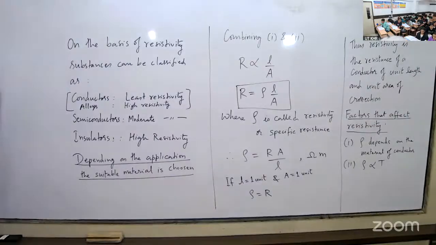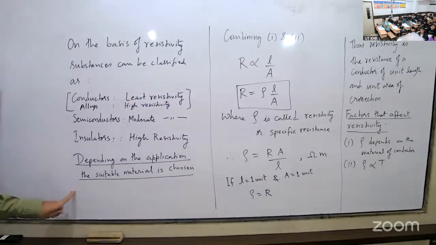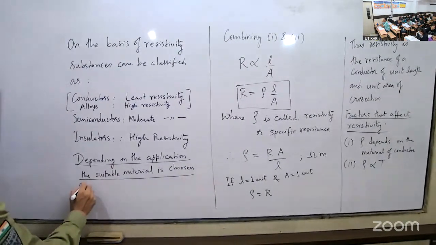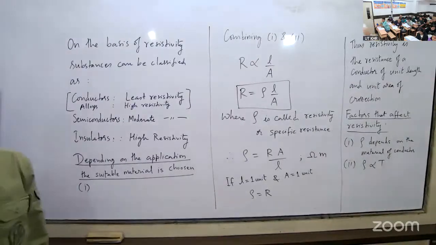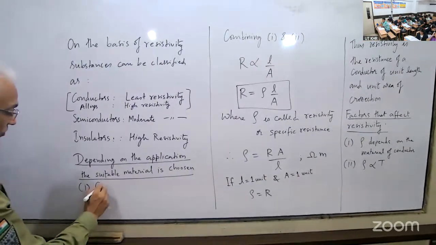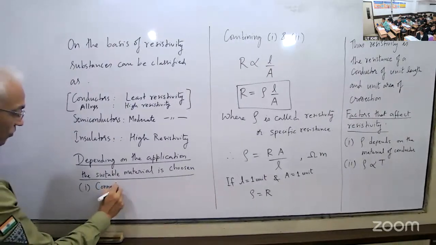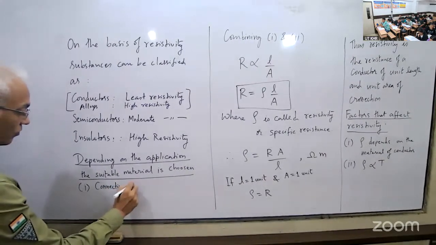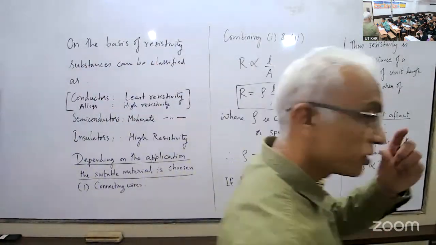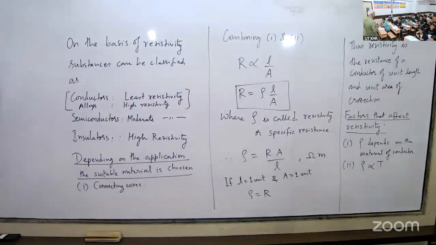So depending on the application, the suitable material is chosen. For example, if I want to use connecting wires, what kind of material should I choose, with high resistivity or low resistivity?